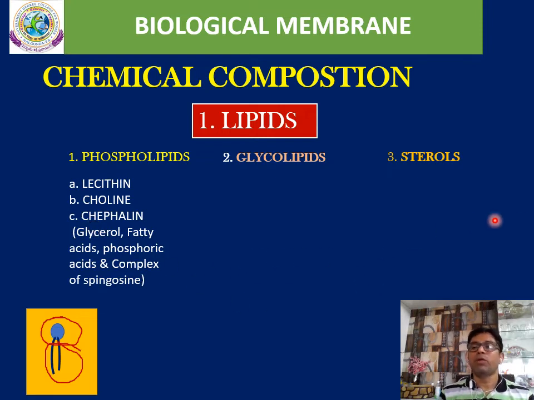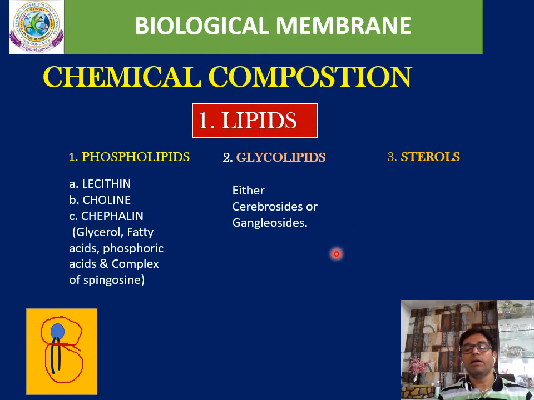Coming to glycolipids, glycolipids are made up of sugar with alcohol, fatty acids, and sphingosine.